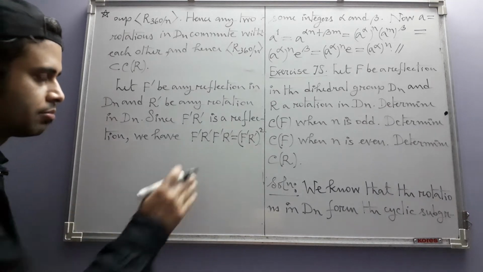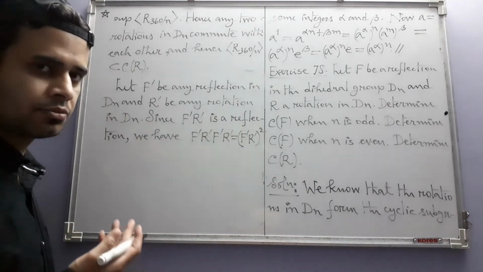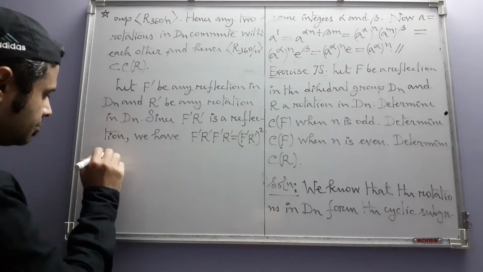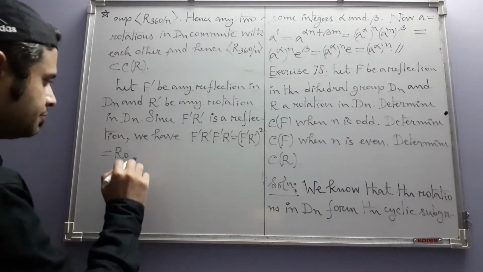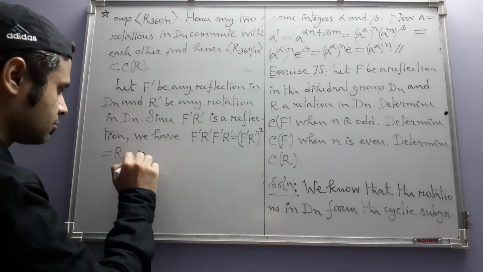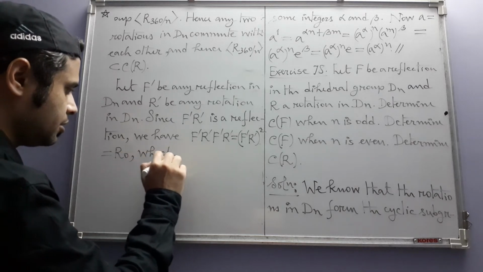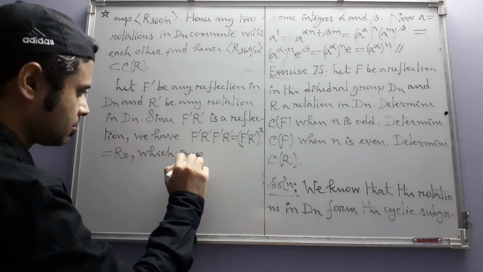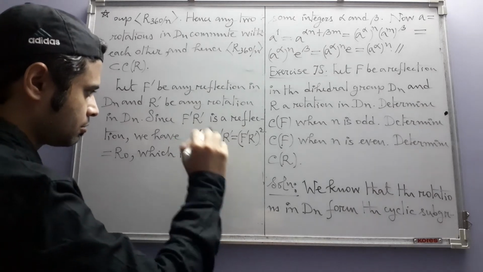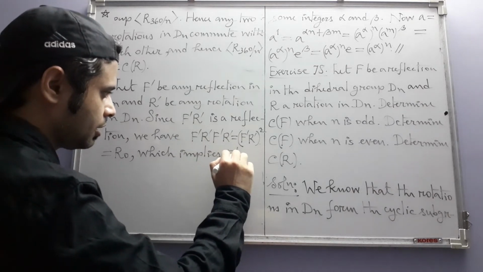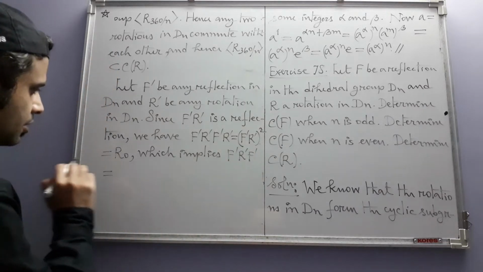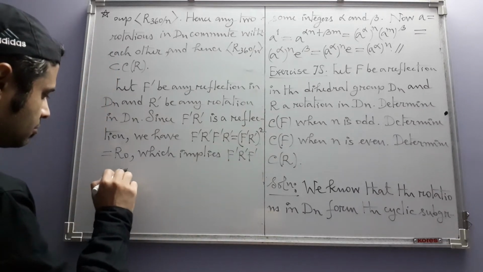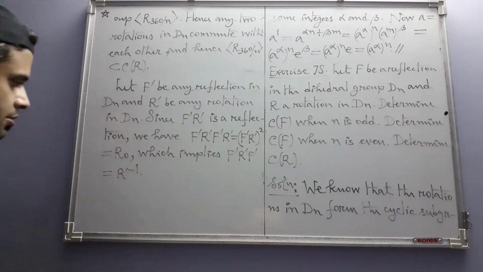So when we take the square of a reflection, we get the identity element R naught, which implies F prime R prime F prime is equal to R prime inverse.